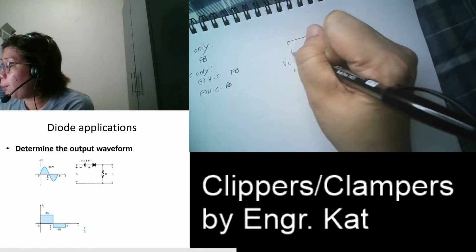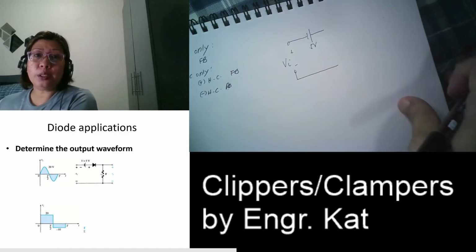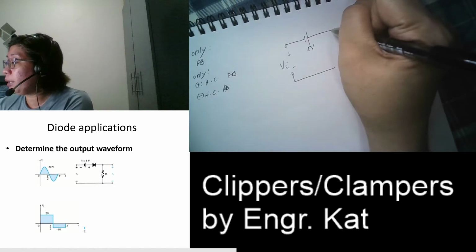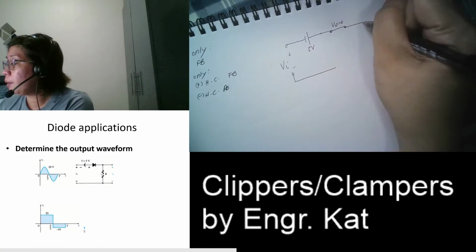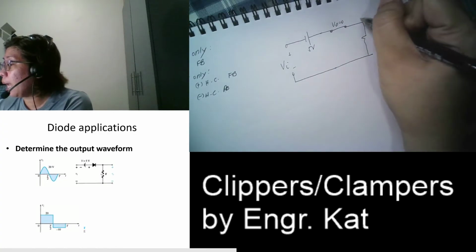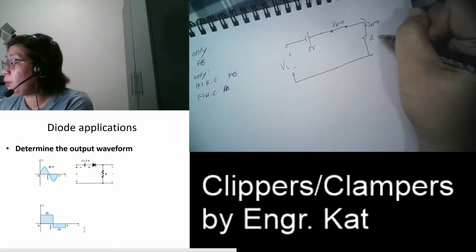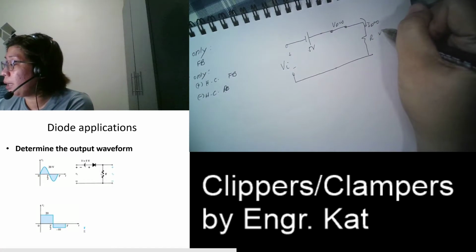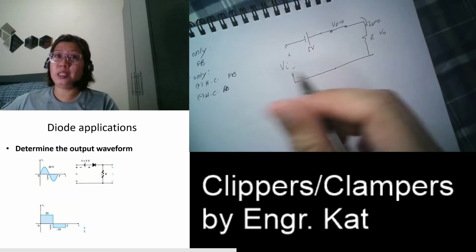What is your transition voltage? Your diode voltage is equal to 0. At the same time, your ID is equal to 0. Therefore, the voltage drop across your R is also equal to 0. So this is the transition voltage.